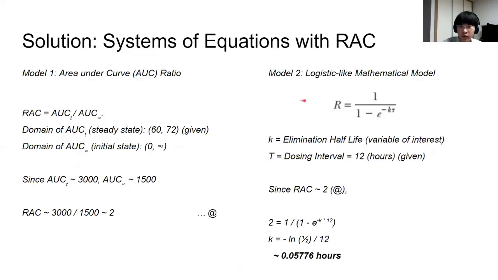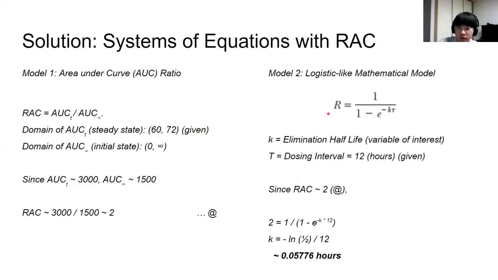The second one we're going to use is the logistic-like mathematical model, which is R equals this. K is the one that we want to find, but the other variable, T, we already know. It's 12 hours. And we know that RAC is equivalent to, or similar to, 2.